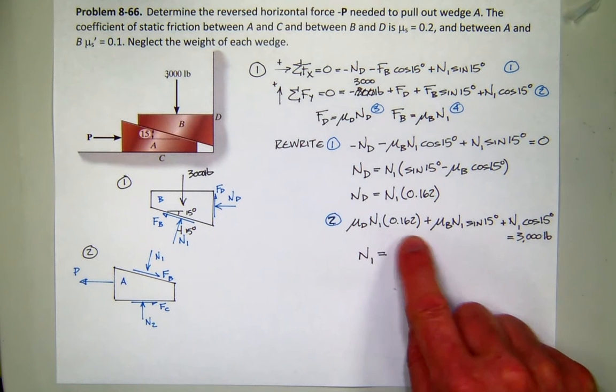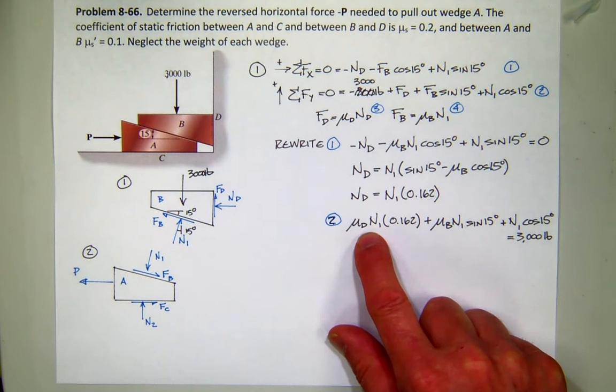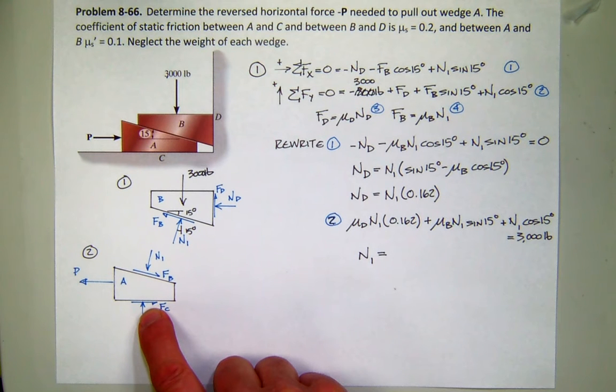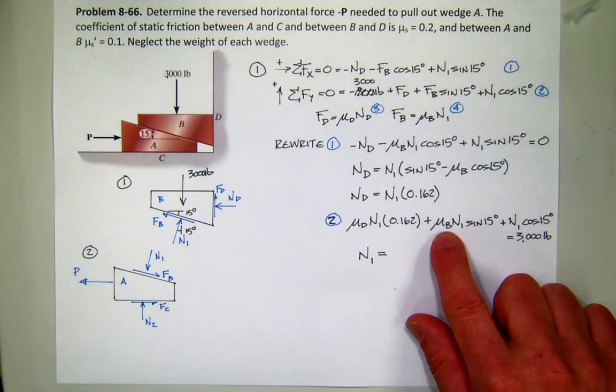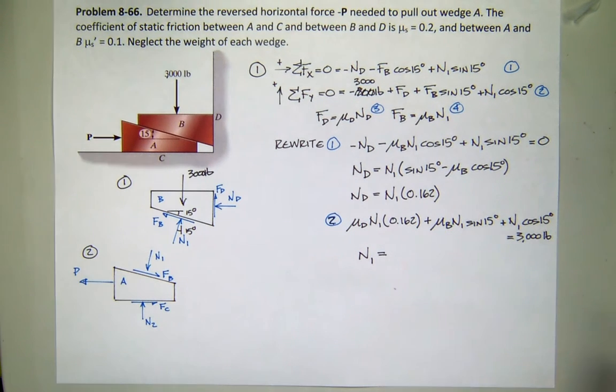Okay. So what's mu D? That is this surface, which is AC, and AC is 0.2, right? So 0.2, 0.162 times... Mu B, that's the AB surface, which is 0.1, times sine 15 plus cosine 15.